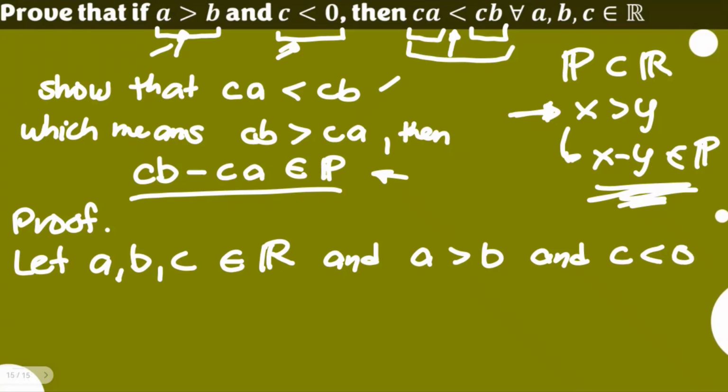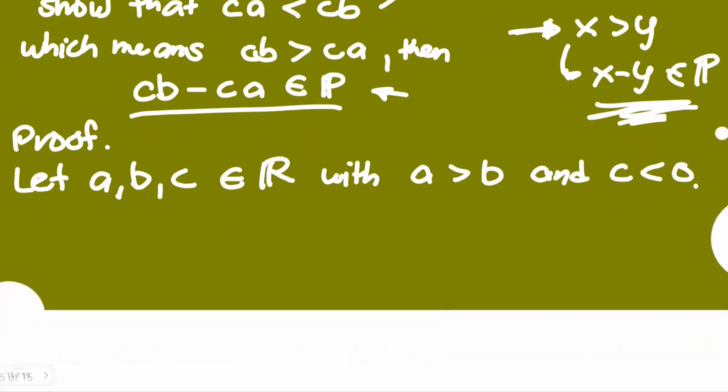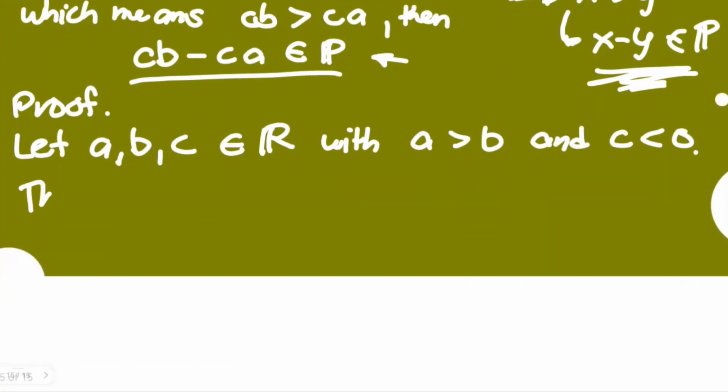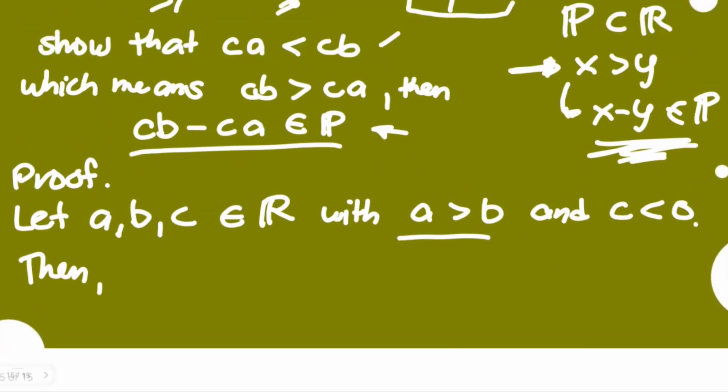These are all the assumptions. So we already identified A is greater than B as well, and C is less than 0. So this means using the definition for this inequality, we can now say that A minus B is an element of the set of positive real numbers.